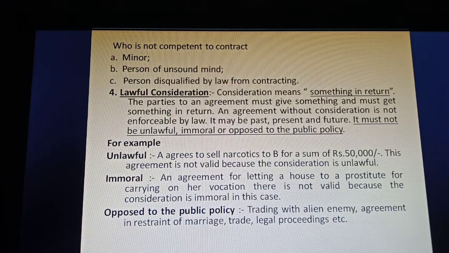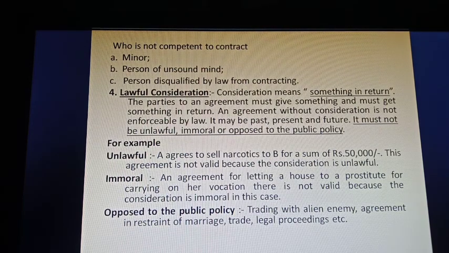First of all, take the example of when the consideration is unlawful. A agreed to sell narcotics to B for a sum of rupees 50,000. In this case, the narcotics is the unlawful consideration. This agreement is not valid because the consideration involved in this case is unlawful.